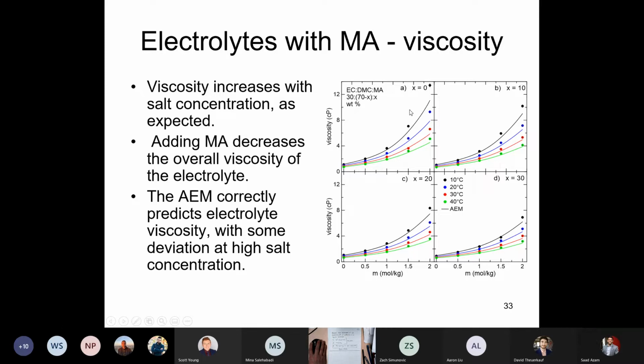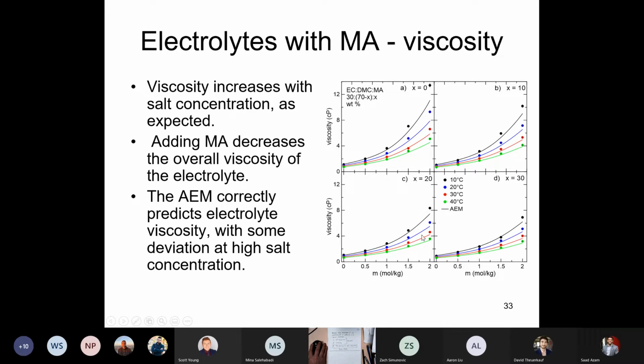So if we look at the top panel, you can see that as the salt concentration increases, moving to the right, the viscosity increases. And as the temperature increases, the viscosity decreases. That's what you expect. The solid points are Eric's data, and the curves are the calculation from the advanced electrolyte model.